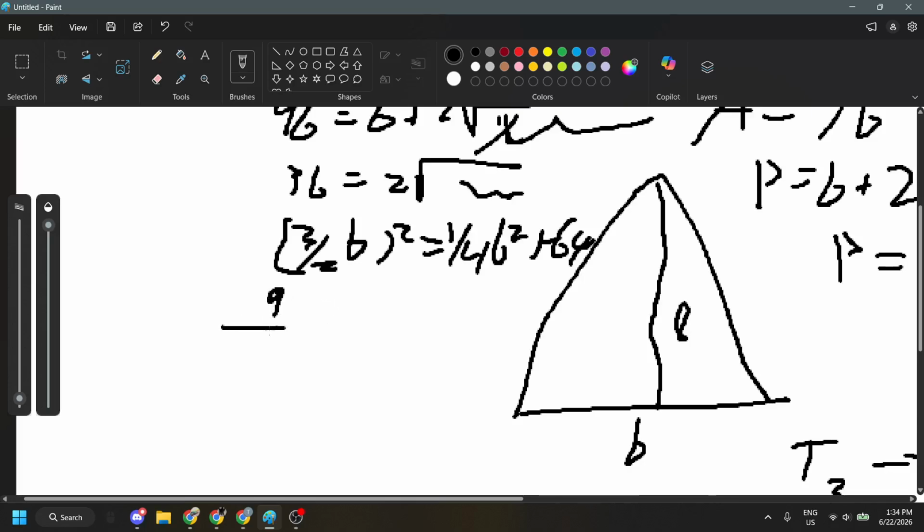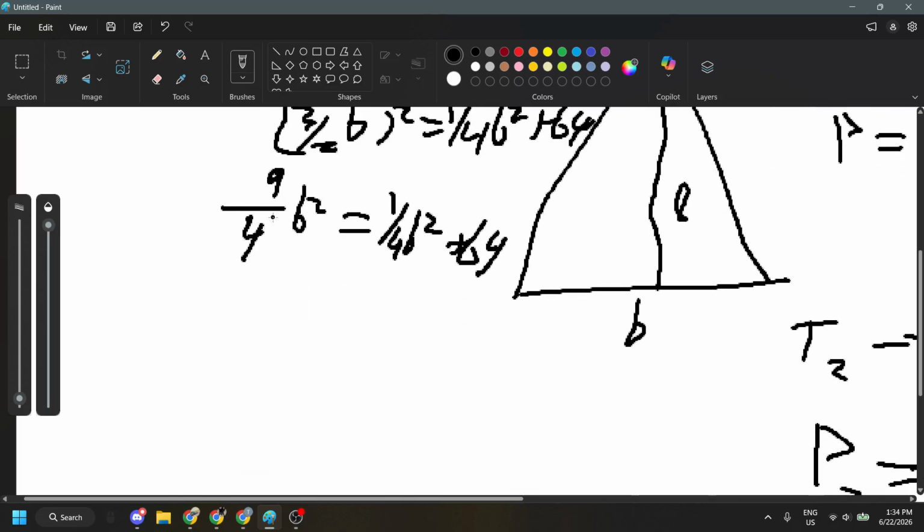So this is going to be 9 over 4 b squared is equal to 1/4 b squared plus 64. Subtract this from both sides, we get 8/4 or 2 b squared is equal to 64.